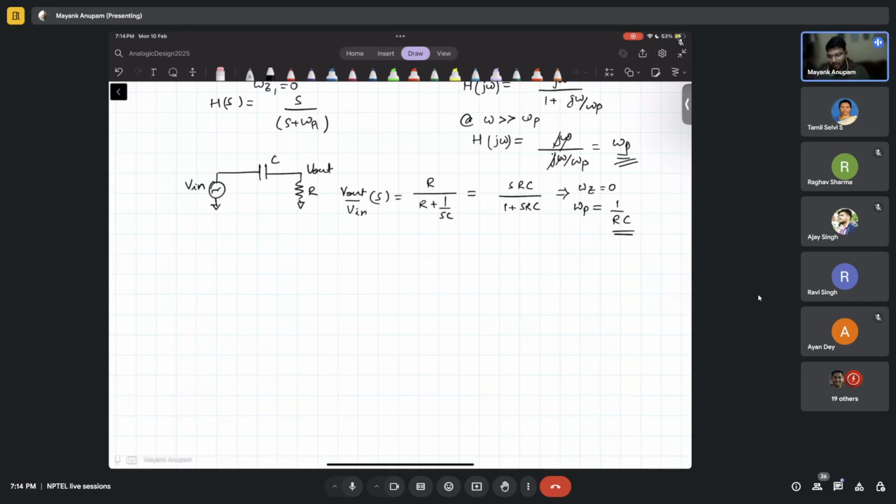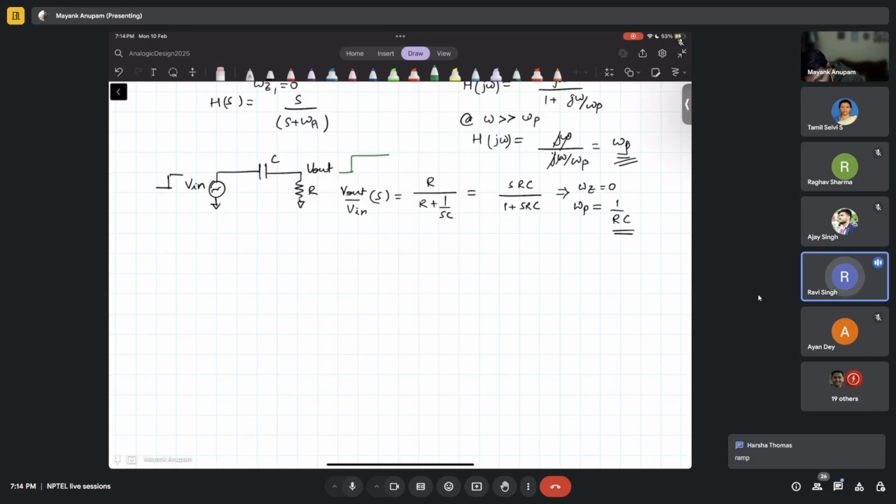So how will the system behave? If you give a unit step here, how will the system react to that? How will the output look? It will start ramping up from the origin, but at omega p equal to 1 by RC, it will get to the value 1.